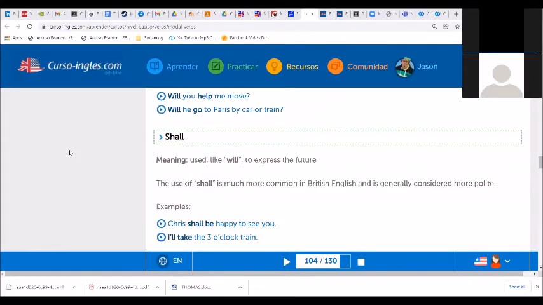Examples. Chris shall be happy to see you. I'll take the 3 o'clock train. All right. Now, this is when you start being courteous. You're trying to be nice. So you use things like shall, you might, gentle voice.